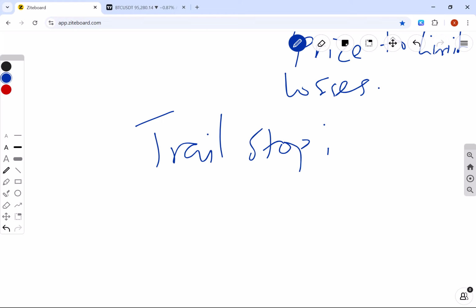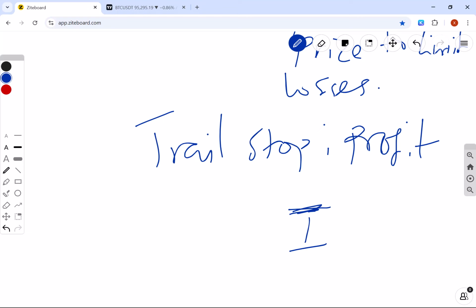So what this does is that as you are earning profit, this order will be automatically pushing into profit. So let's say your profit is at this point.